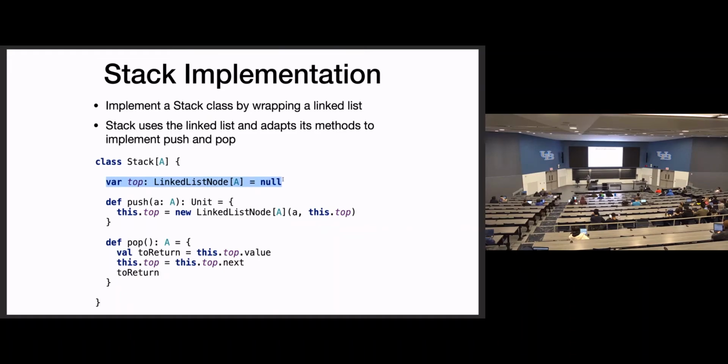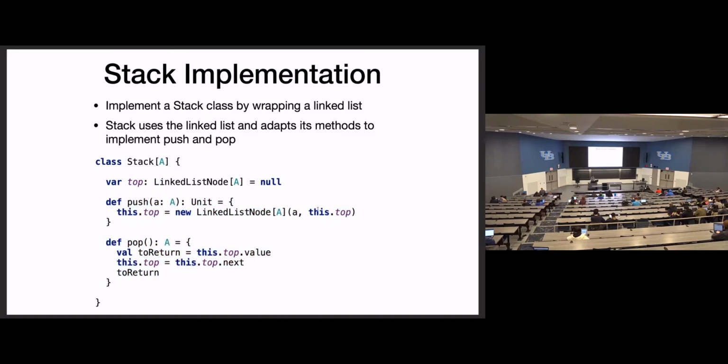That's what's going to store all of the data, but we're going to hide that information and only allow people to access it through these two methods. Of course, in this case, they could just access top directly, but users shouldn't do that. They're going to interact with that data just through push and pop and embrace the idea of a stack.